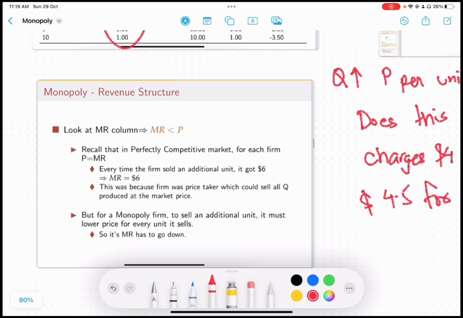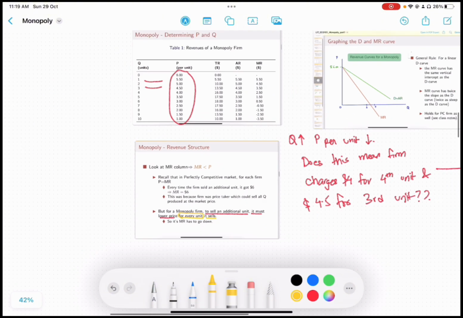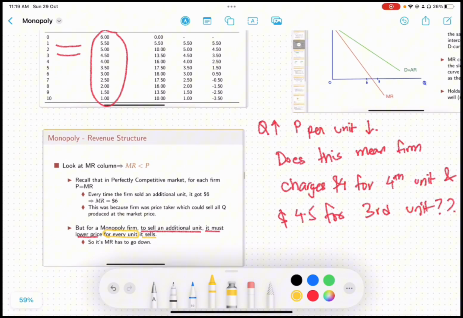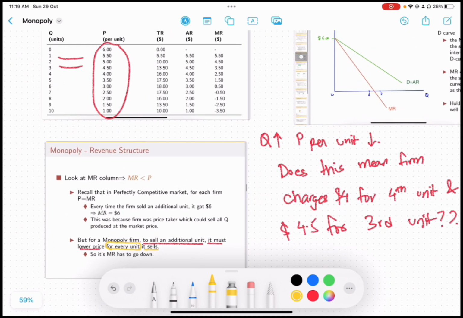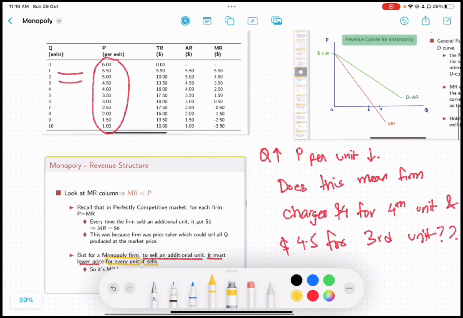For a monopoly firm to sell an additional unit, it must lower price for every unit that it sells. Okay. And that is why, remember, what is the marginal revenue? It is the additional revenue, the revenue that you get from selling an extra unit. Well, that's why the marginal revenue is actually falling. Okay.